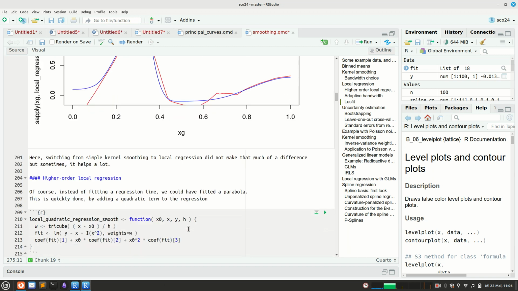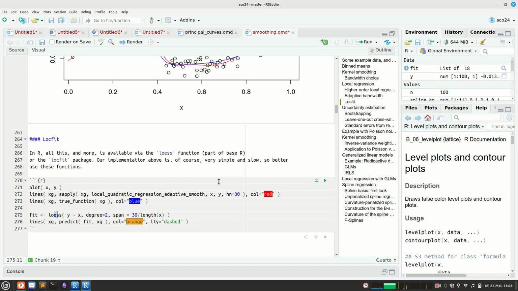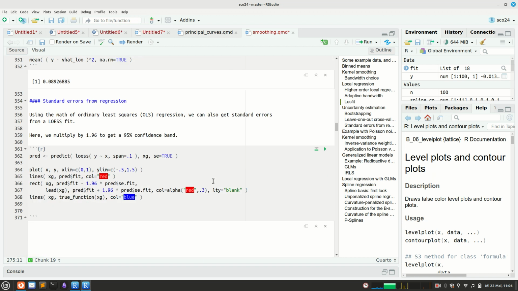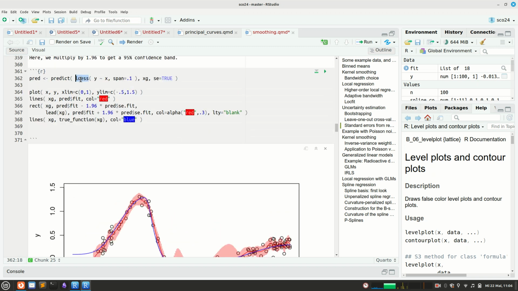I don't go into the math now on doing this. You can read this up in every textbook on standard linear regression. But if I do that, then I get something like this, where for each point I get this regression, and here I have used the lowess function as before, and it has this funny predict function.